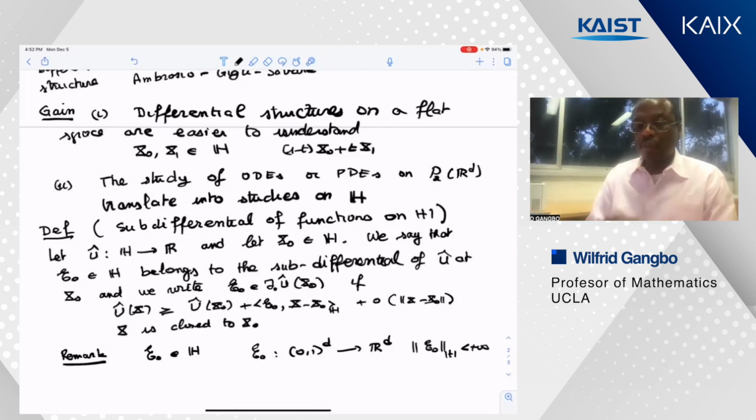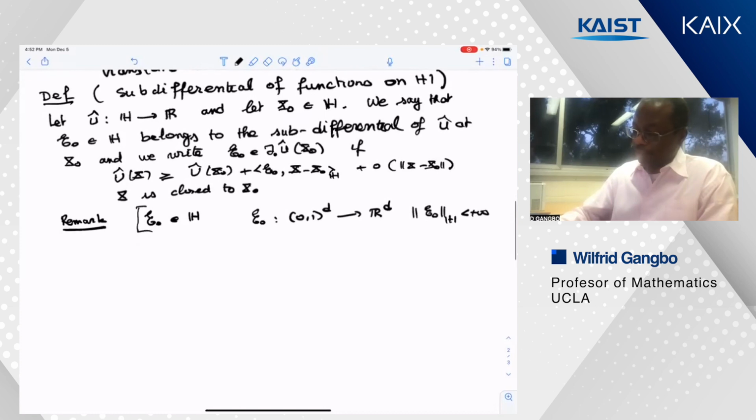So later, when I compare a vector field to the subdifferential of a function defined on the probability space, we should not be surprised that this subdifferential will be a vector field, because in the Hilbert space already, our subdifferential is a vector field.